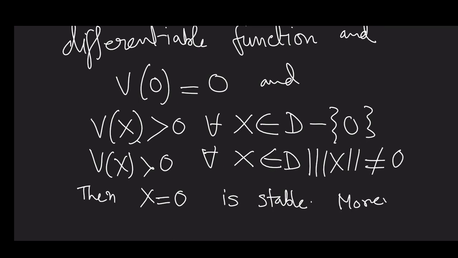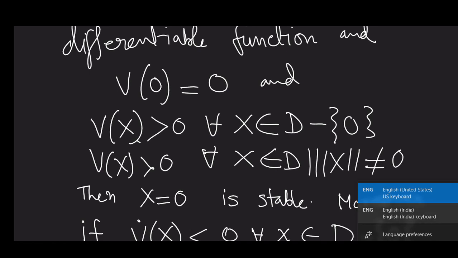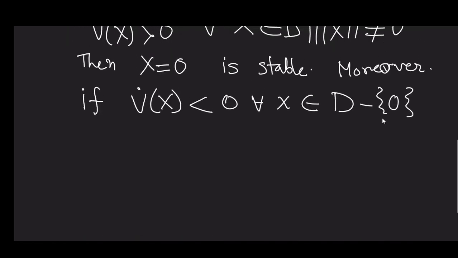Moreover, if V dot x is less than 0 for all x belonging to D minus 0, then it is asymptotically stable.